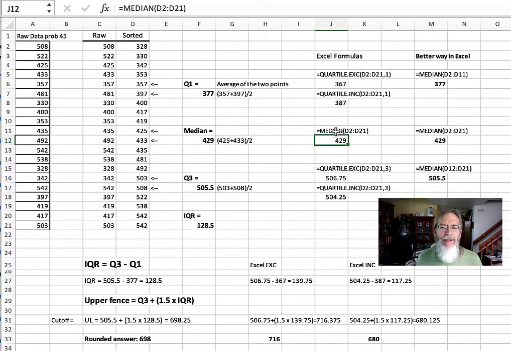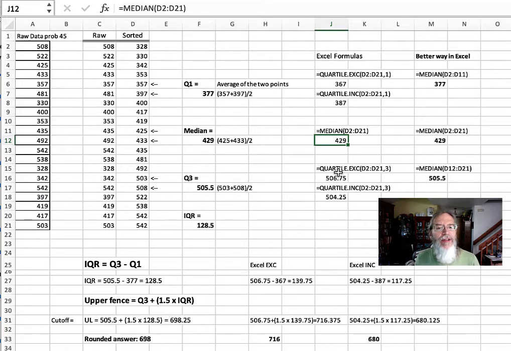Excel has something that also to me is really quirky. They have quartiles excluding and including the median. When I exclude, I got 367. And when I include, I got 387, neither of which matches the 377.